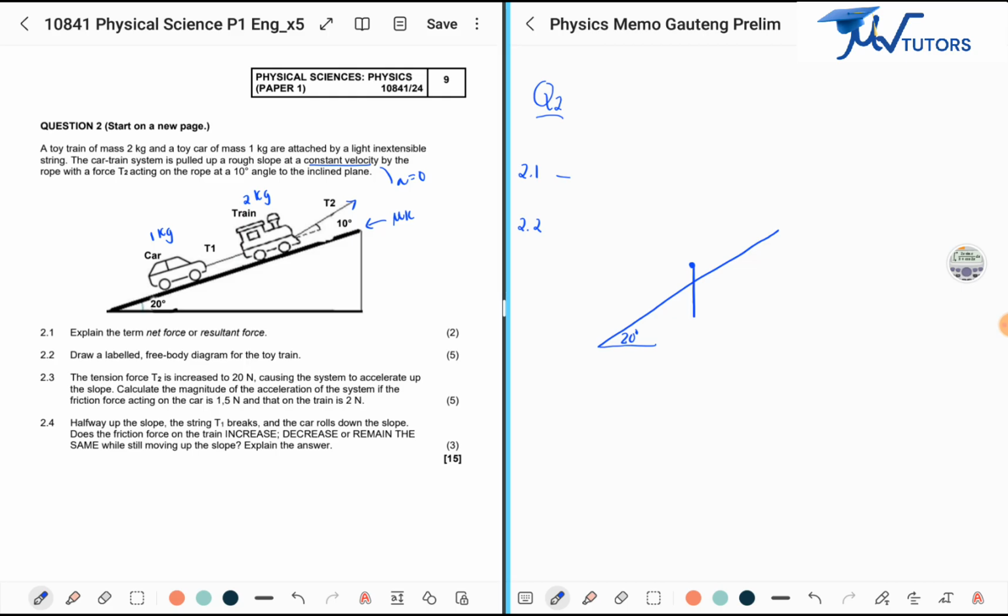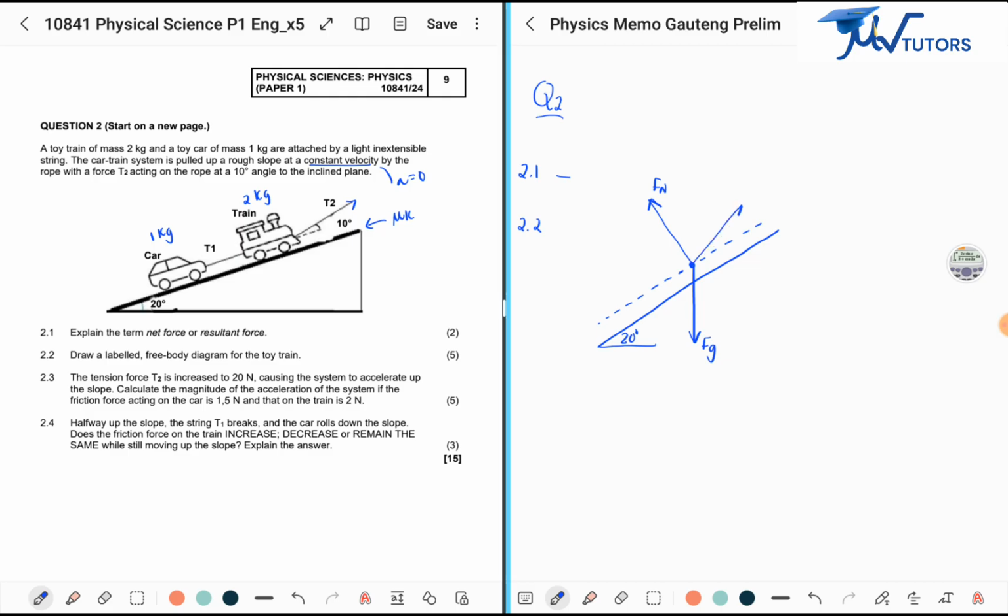So what always acts vertically downward is your gravitational force, and what always acts perpendicular would be your normal force. And then we have that T2 that's pulling. So I'm just going to do that so that I can align myself properly.